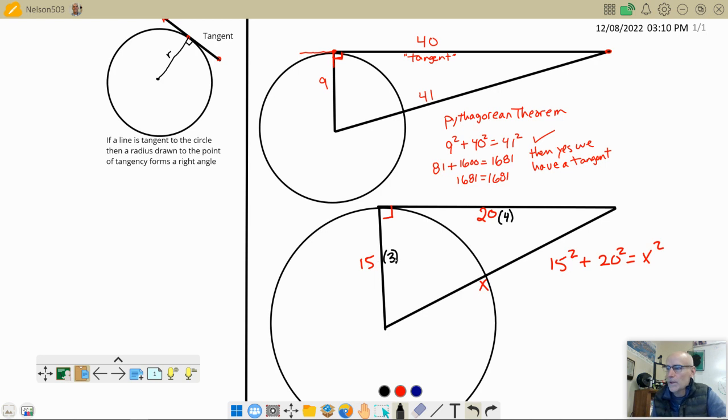So what I really have is a 3, 4, 5 triangle. It's just 5 times bigger than that, right? So that means that the x value is 5 times 5, or 25. So it's really a 3, 4, 5 triangle, just 5 times bigger.